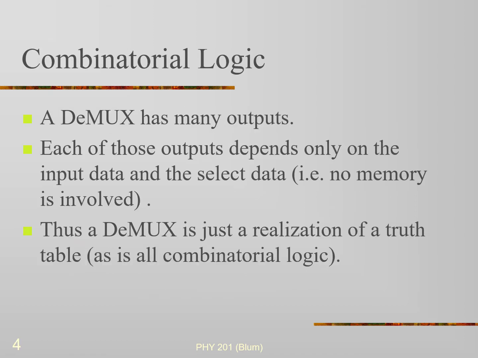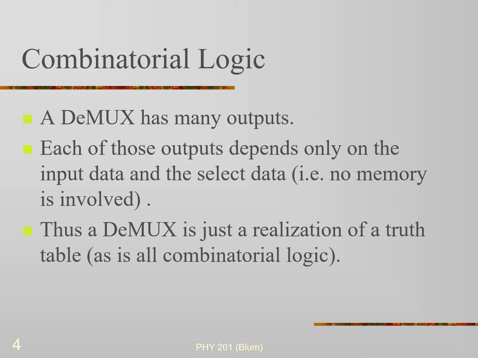Just as the multiplexer is pure combinatorial logic, just an example of a truth table, the same is true for the demultiplexer. The difference is that the demultiplexer has many outputs, so it will be many truth tables, but each individual output is dependent only on the data input as well as the select input.